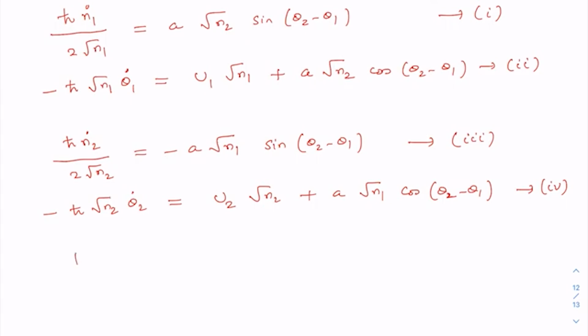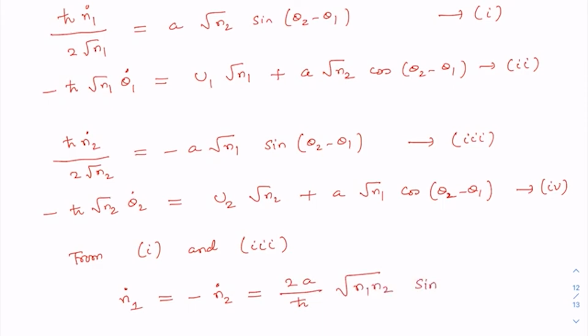Okay, now from equation number 1 and 2, actually 1 and 3, I can get, if you look at it, that the rate of change of the number density of the superconducting electrons in superconductor 1 is equal to minus ṅ2, that is the rate of change of superconducting density in the superconductor number 2, that I can write as 2A by ħ square root of n1 n2 sine(θ2 minus θ1).